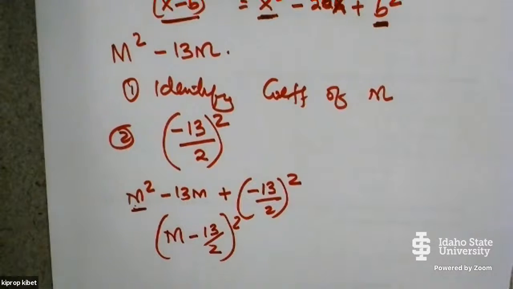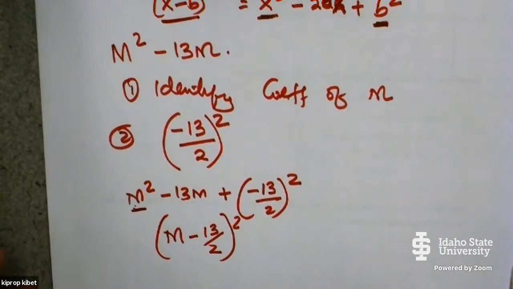That's the answer. So this is just an expression. When it comes to the equation, you put the equal sign here, and then using the square root property, which we did last time, you can get the values of m. We will see that in another section.